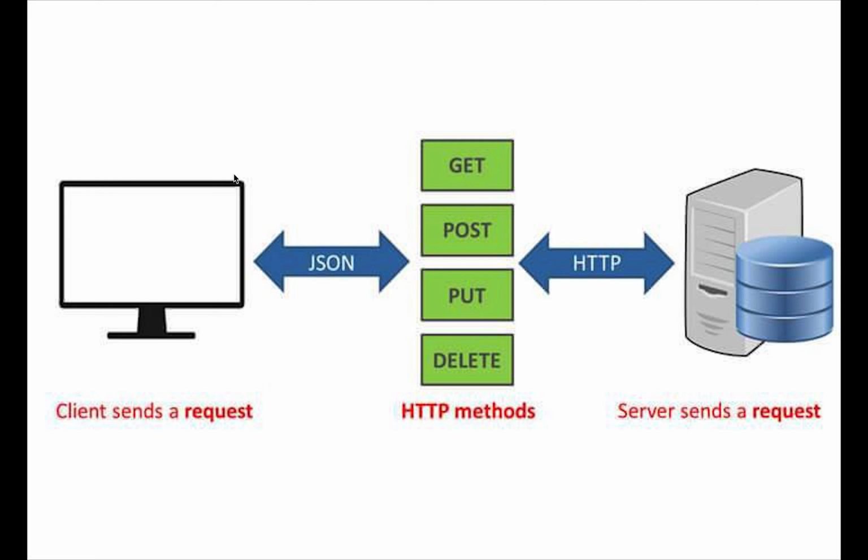Let me give you one simple example. If you are making a full website, and you want this application on mobile also, first of all you can make an API. That API has just one link.